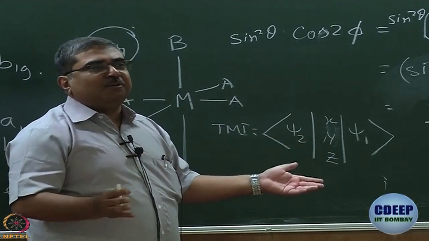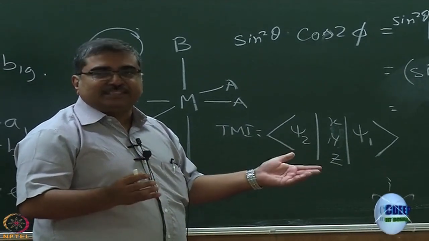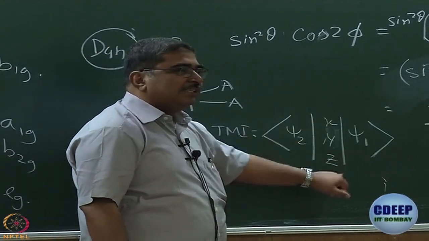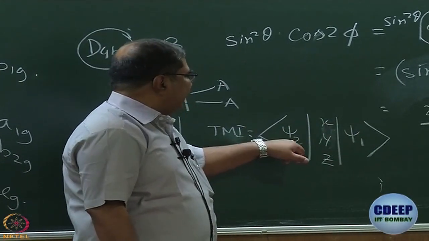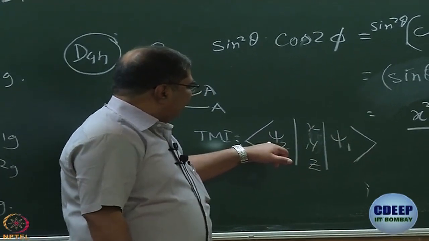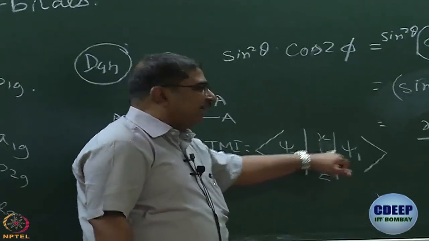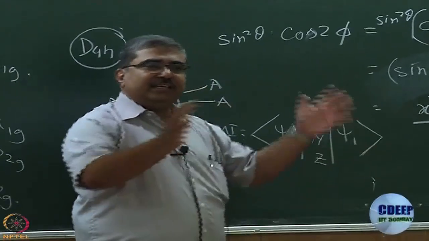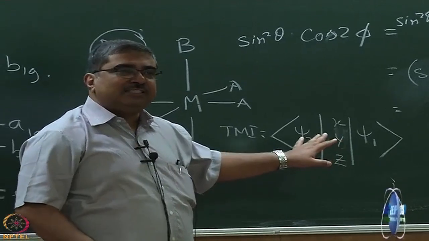In any case, the wave functions are the same. So, I have just written x, y, z. So, what I mean is that there is a short form of writing integral psi 2 star x psi 1, integral psi 2 star y psi 1, integral psi 2 star z psi 1. 3 integrals just written together. Are we clear with this notation?